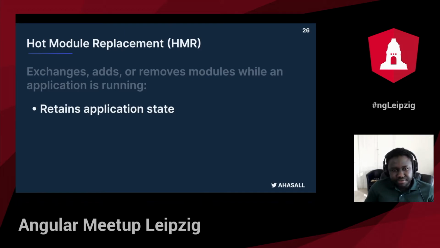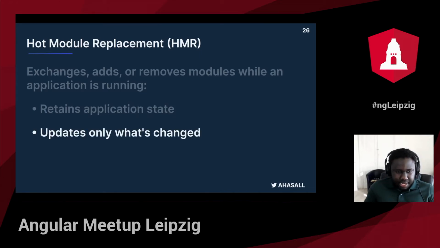So if you are working with forms and you have something entered in the input, with hot module replacement, when you make a change inside your code, you will not lose this state. And also HMR just updates what's changed. So it will result in a faster feedback loop. So the refreshing of your page is faster.